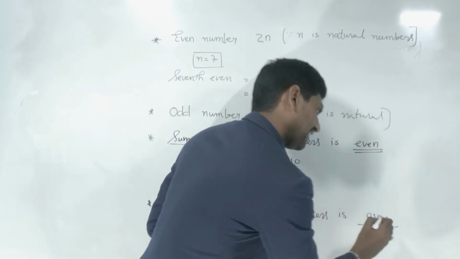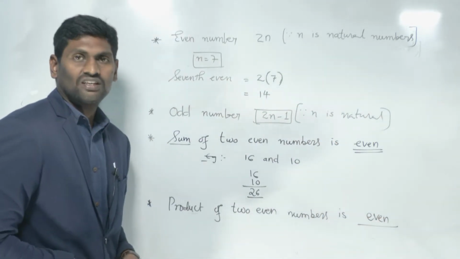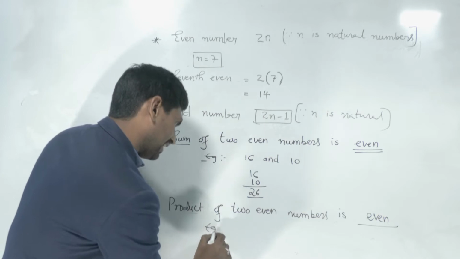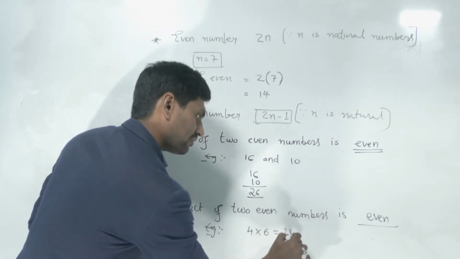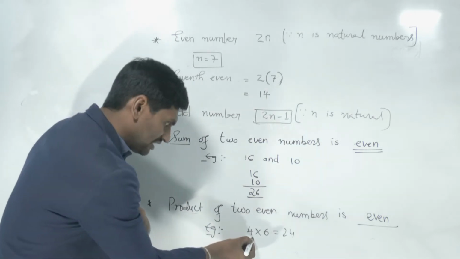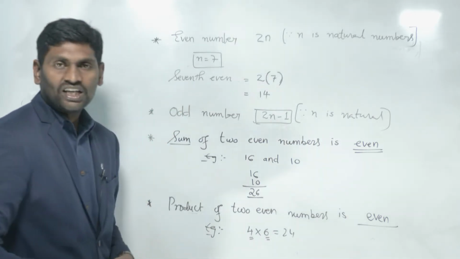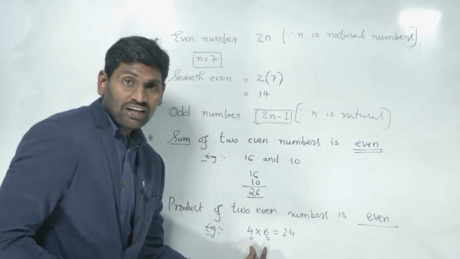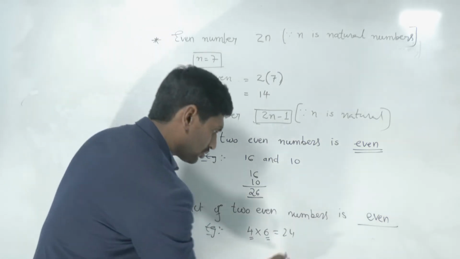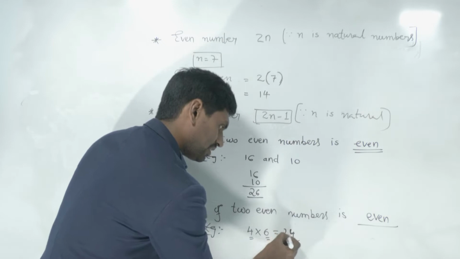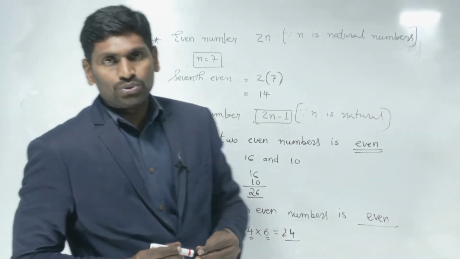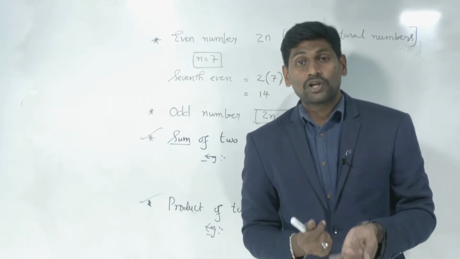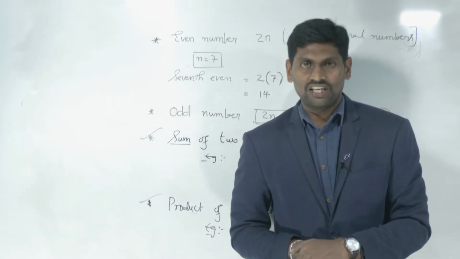When you multiply any two even numbers, you will get an even number. Like 4 into 6, 4 sixes are 24. Here 4 is an even number, 6 also an even number. So product of two even numbers is 24. 24 is also an even number. So from these two statements, sum of two even numbers is even, product of two even numbers is even.